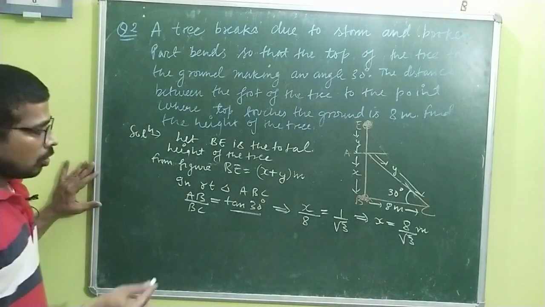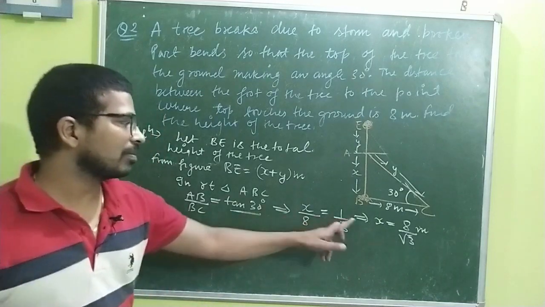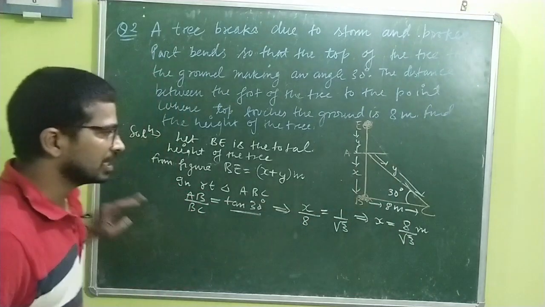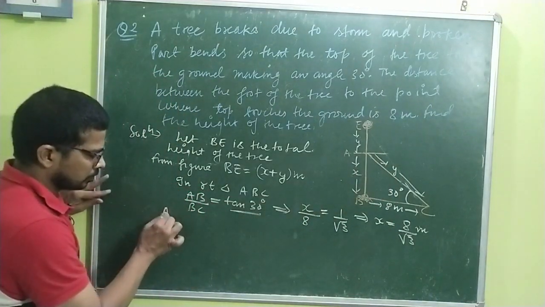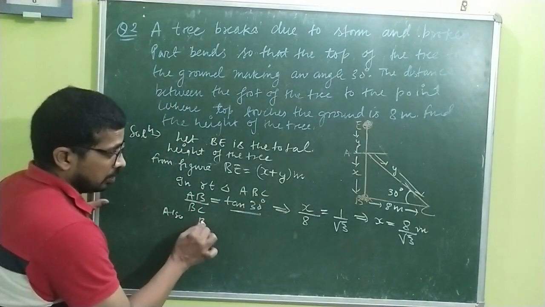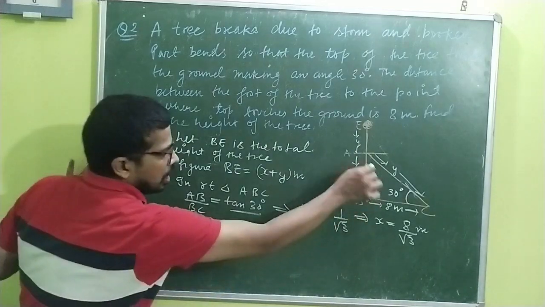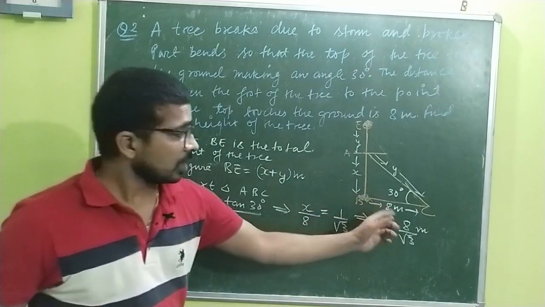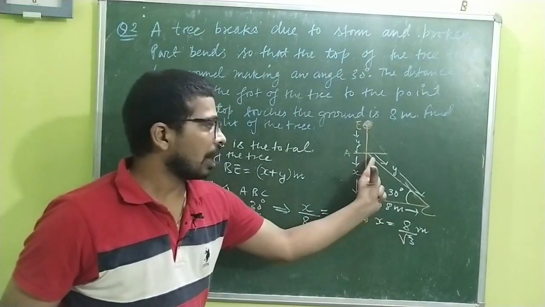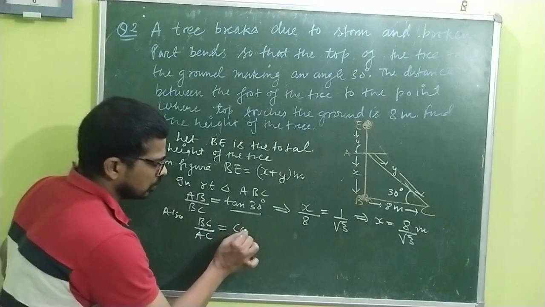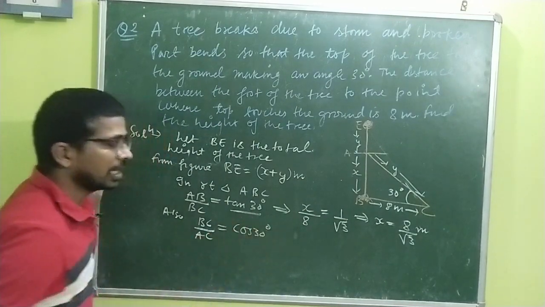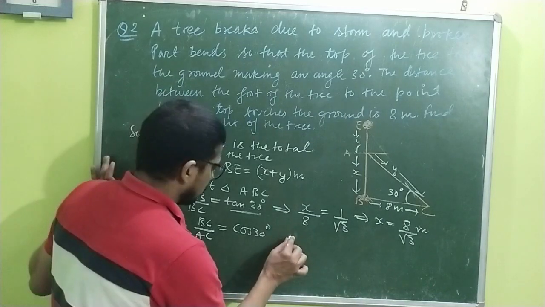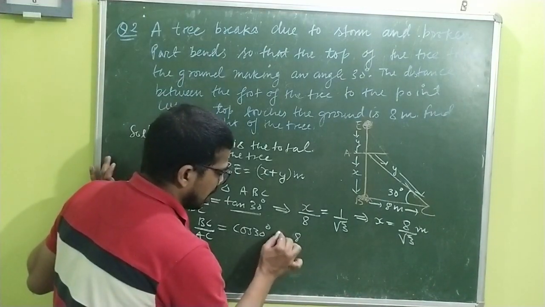Now I have got x, but already the base is given, so I will try from the base itself. BC upon AC, base upon hypotenuse, is equal to cos 30 degree. So what is the base here? BC is equal to 8.